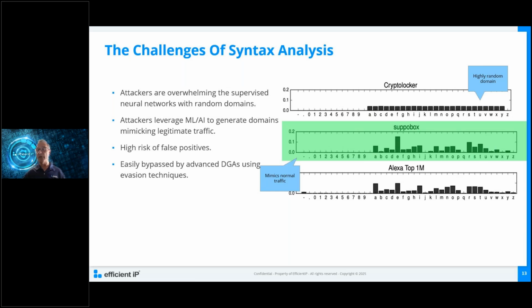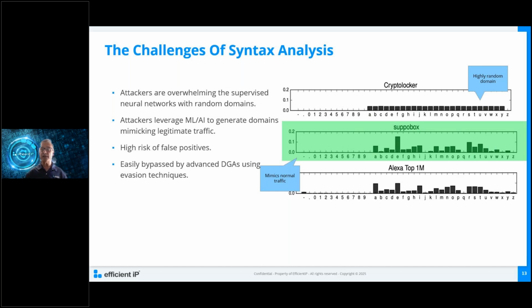They also fall short detecting domains that mimic legitimate patterns, as they blend seamlessly into normal traffic. This is an example that you see in the SOPO box, which creates domains resembling Alexa's top 1 million requested sites, making them appear legitimate and bypassing detection.